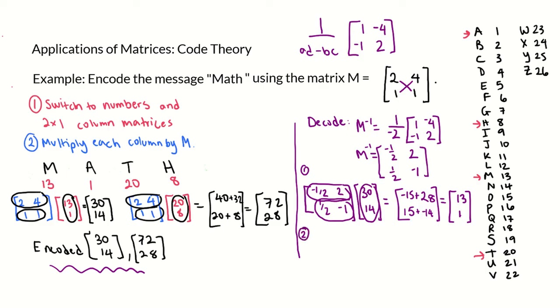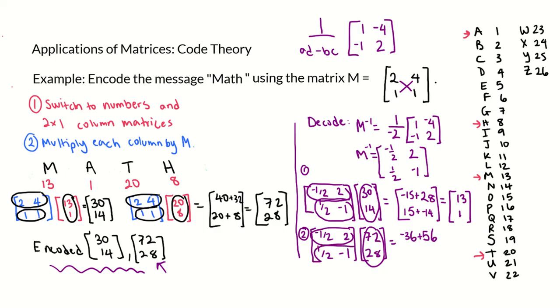Second part of the decoded message, we're going to take M inverse again, and this time multiply by the second encoded column, which is [72; 28]. So that would be negative 1/2 times 72 is negative 36, and 2 times 28 is 56.